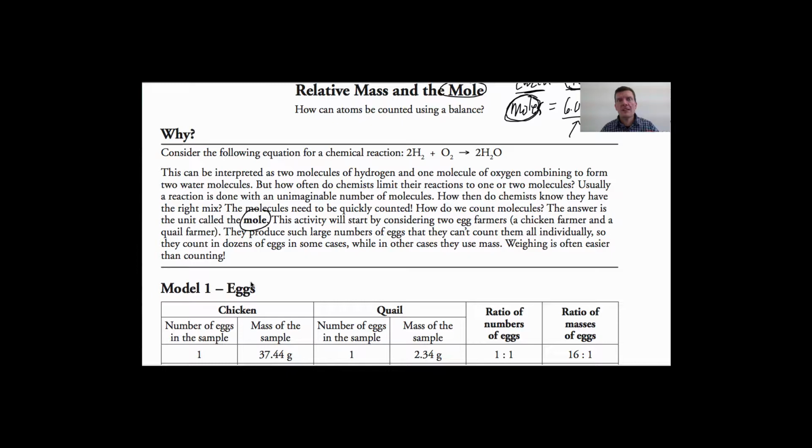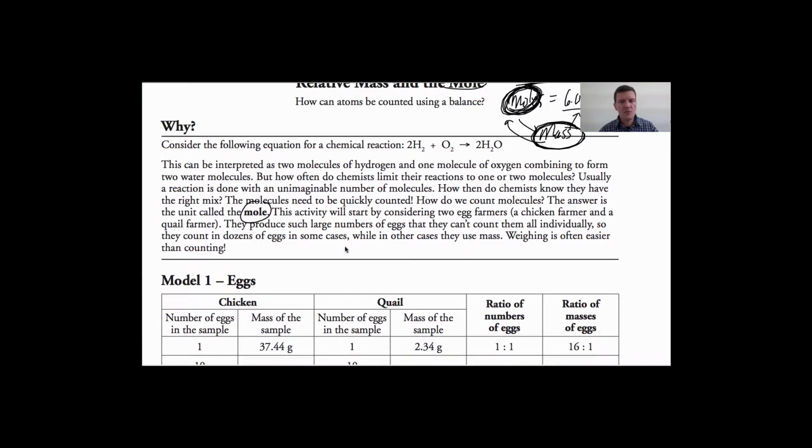So in this lesson, we're going to go between number of particles, moles, and mass, and from mass back to moles. That is the crux of what we're going to talk about: we use moles to go between number of particles and mass. Let's look at Model 1.